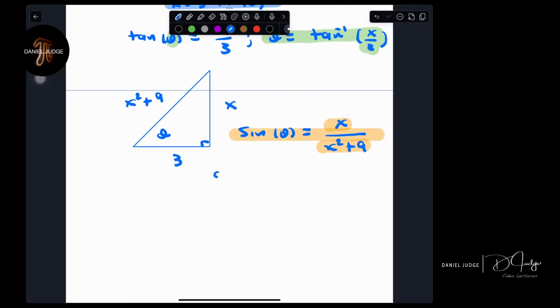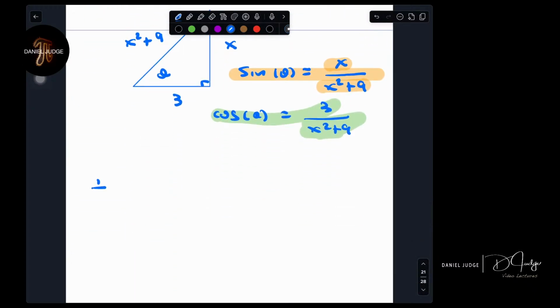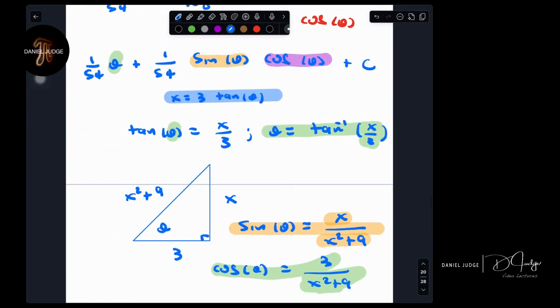Cosine theta is adjacent 3 over hypotenuse square root of x squared plus 9. So altogether, I'm going to use blue. We get 1 over 54 times theta.